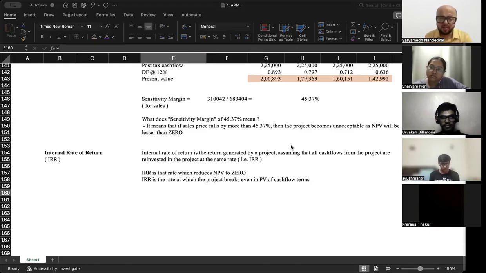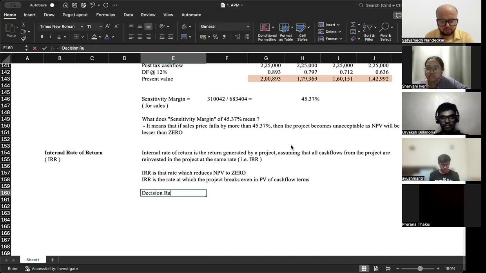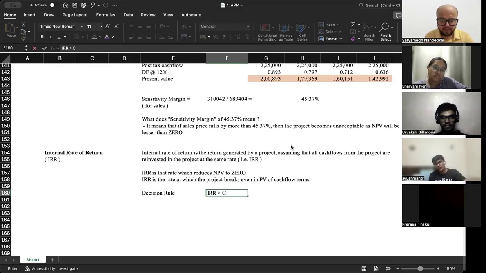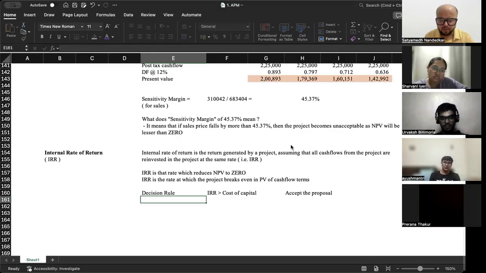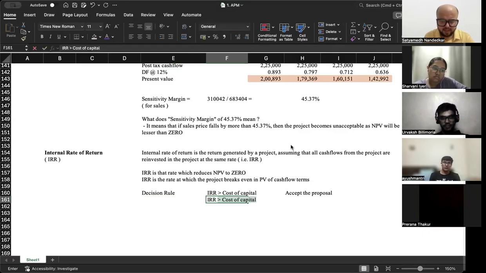The decision rule here is: IRR greater than cost of capital, accept the proposal. IRR less than cost of capital, reject the proposal.